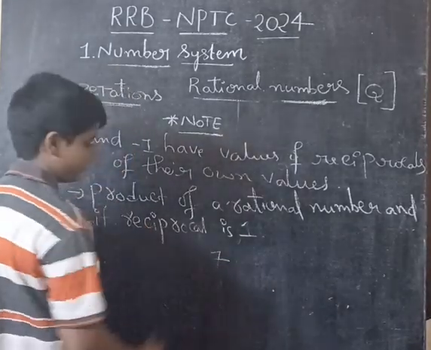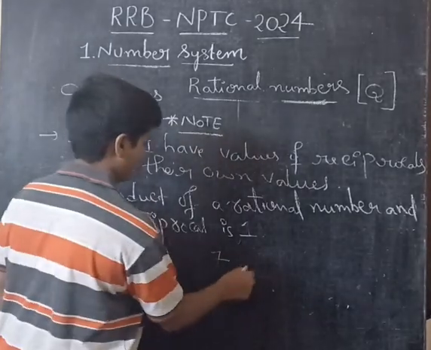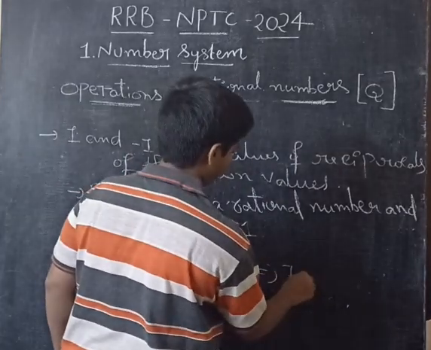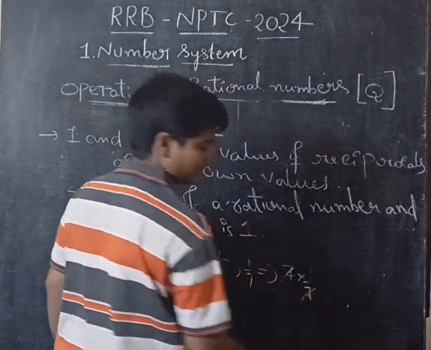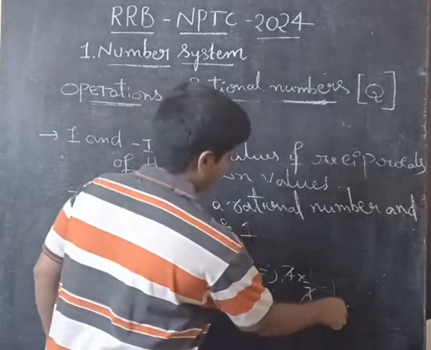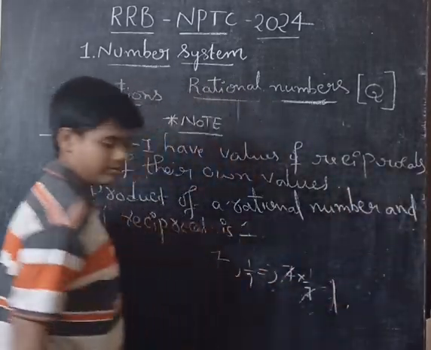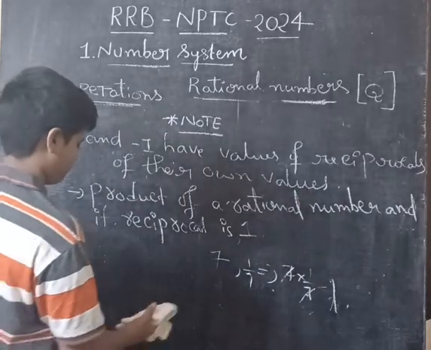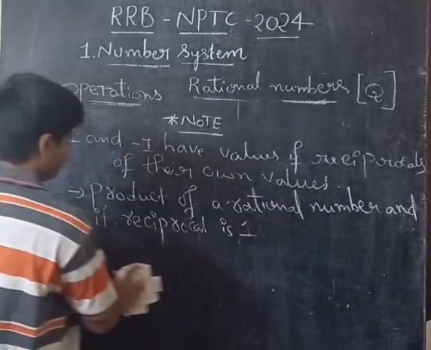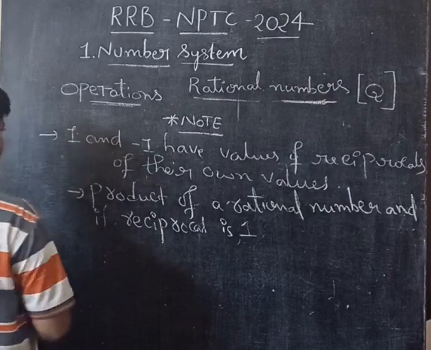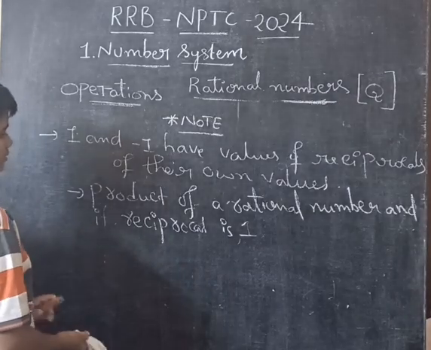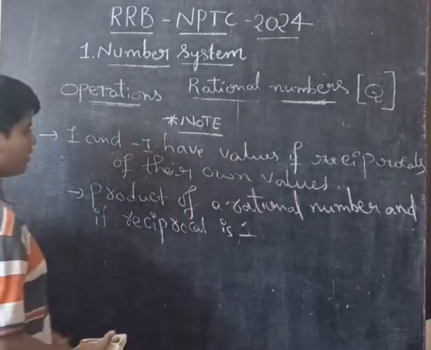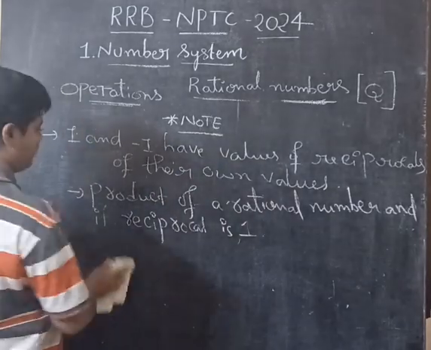If I take a rational number 7, the reciprocal is 1 by 7. So the product of these two is 7 into 1 by 7. 7 gets cancelled and the remaining is 1. So like this we can say. So this is the second point. These two are the note points, and 0 does not have any multiplicative reciprocal.